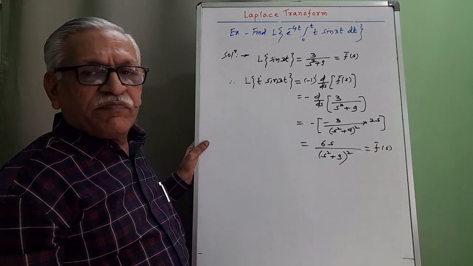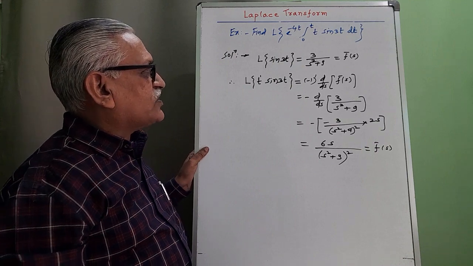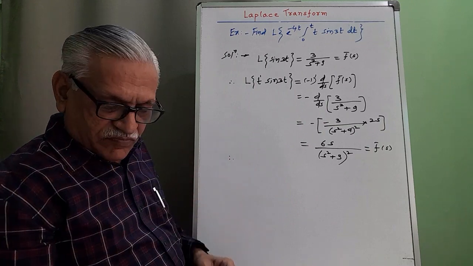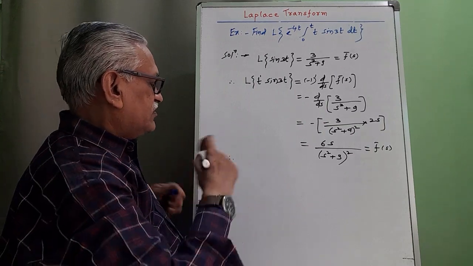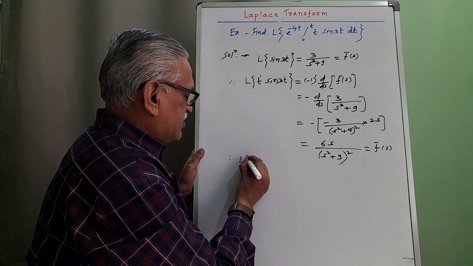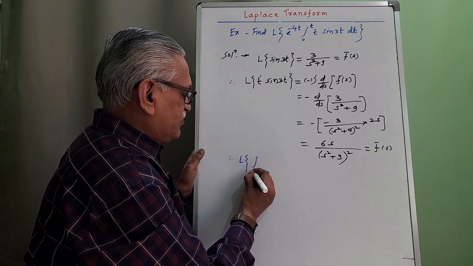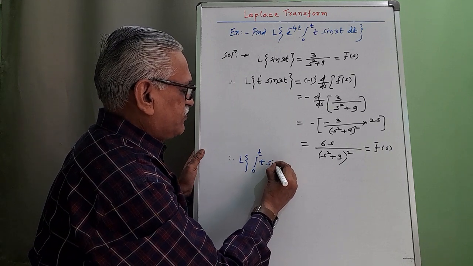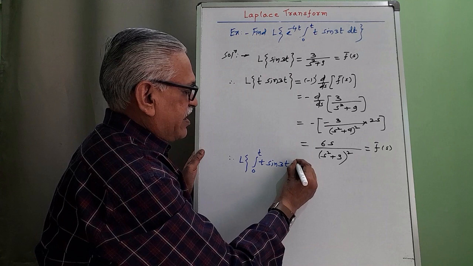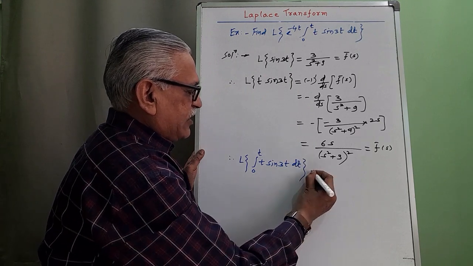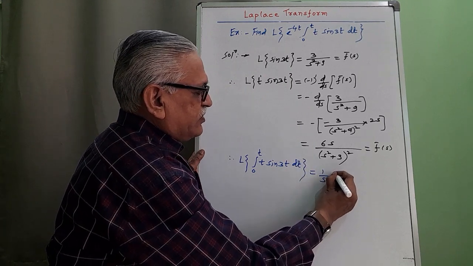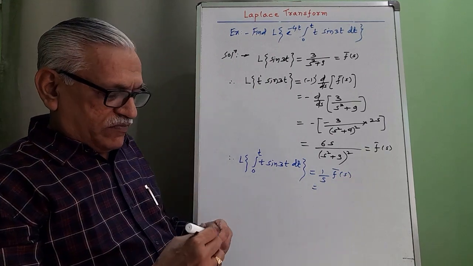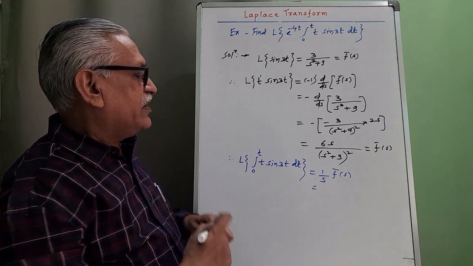Here two steps are completed. I have completed first two steps. Then Laplace of integral. Therefore, the Laplace transform of integral from 0 to t of t sine of 3t and its integration with respect to t. As per that theorem, it is 1 by s into f bar of s.